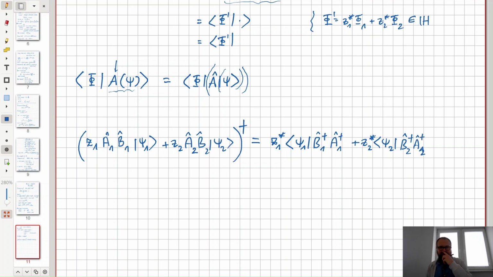Right, so you see that taking a dagger not only flips kets into bras, not only daggers the operators, but also the order is reversed, right? How do you justify this?